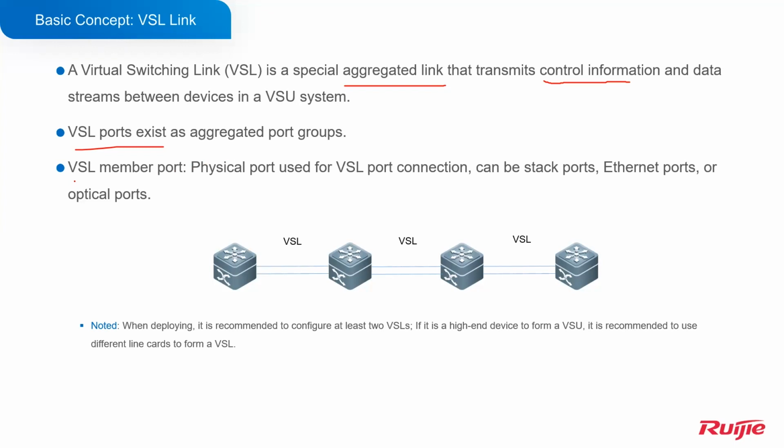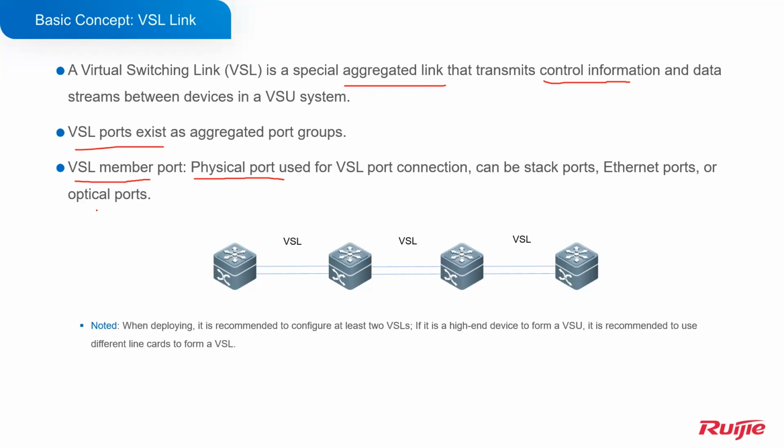And about the VSL member port, when we add the configuration, how do we select the interface to become a VSL interface? You have to select the physical port for the VSL port connection, which can be a stack port, Ethernet port, and also can be optical ports.